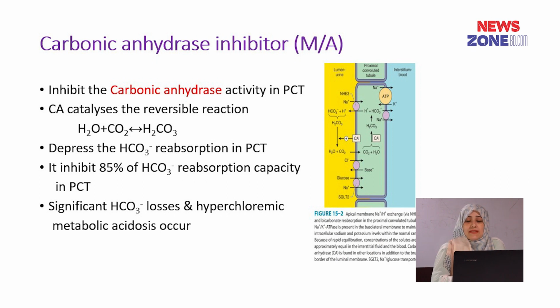It produces bicarbonate and depresses bicarbonate ion reabsorption in the proximal convoluted tubule, and it inhibits 85% of the bicarbonate ion reabsorption capacity in the proximal convoluted tubule. Significant bicarbonate ion losses and hyperchloremic metabolic acidosis occur.